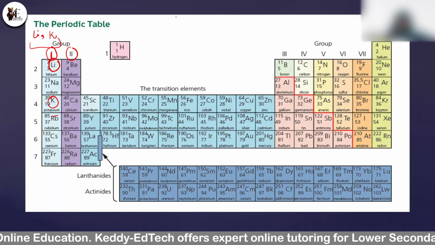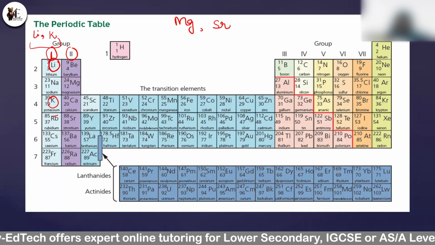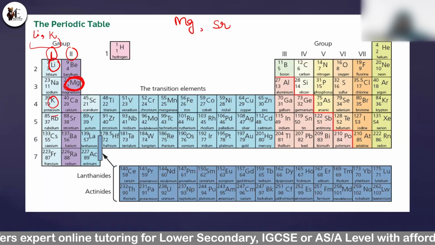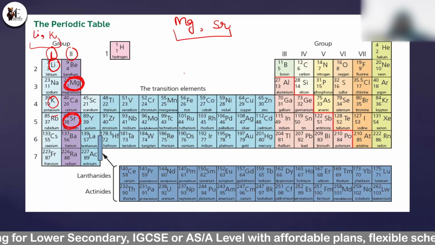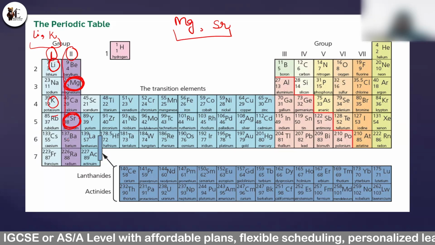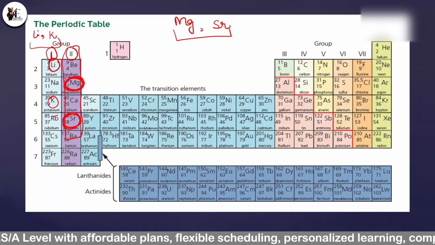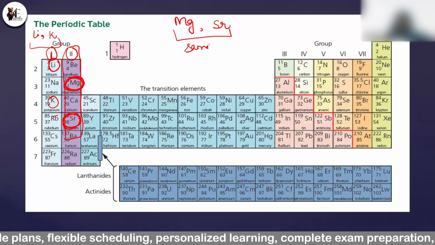If I ask you about magnesium and strontium, this is my magnesium and this is my strontium. Are their chemical properties the same or different? They belong to one group only, group 2, so it's the same. Even radium.